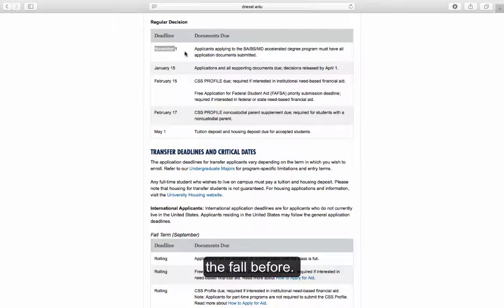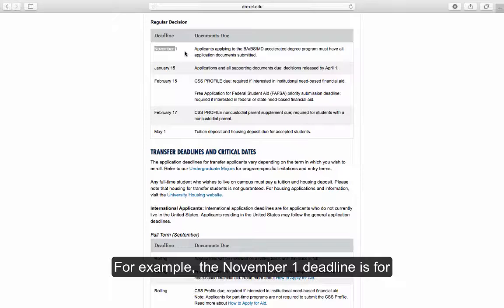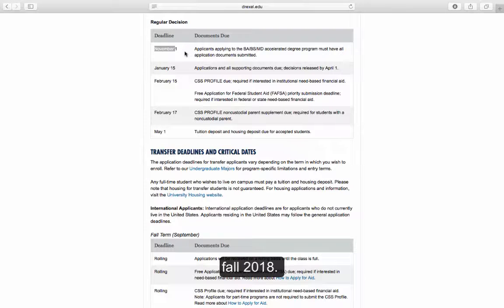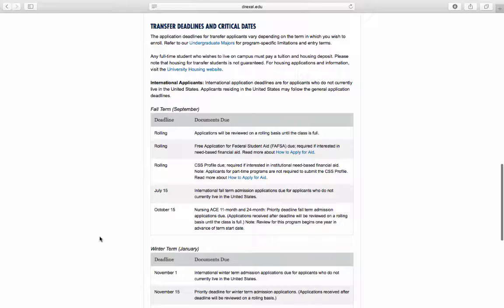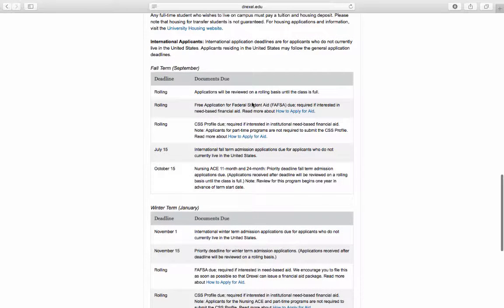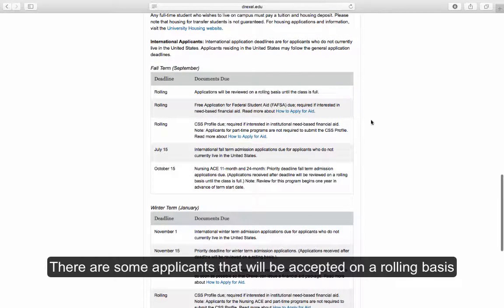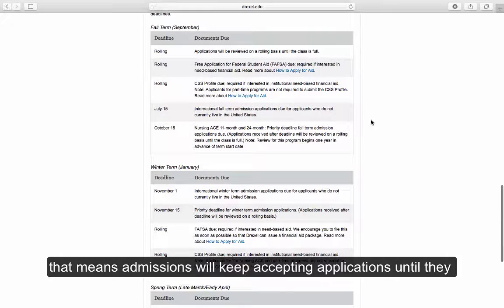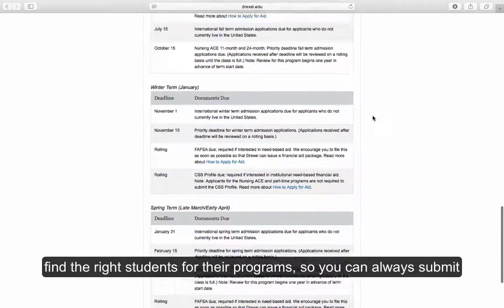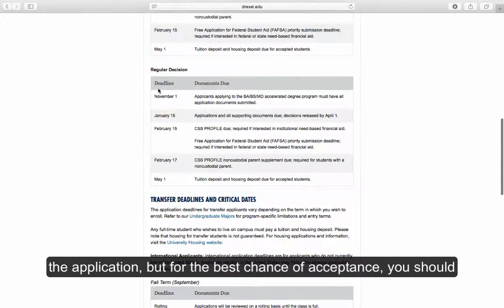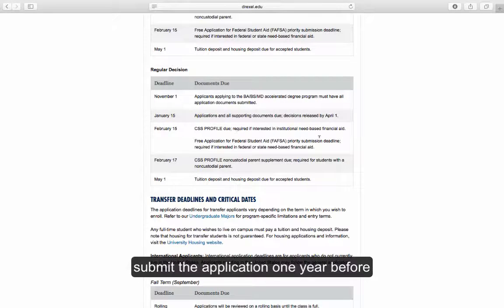So, for example, the November 1st deadline is for fall 2018, and then you would get your decision by May 1st. There are some applicants that will be accepted on a rolling basis, and that means that they will keep accepting applications until they find the right students for their programs. So you can always submit the application, but for the best chance of acceptance, you should submit the application 1 year before.